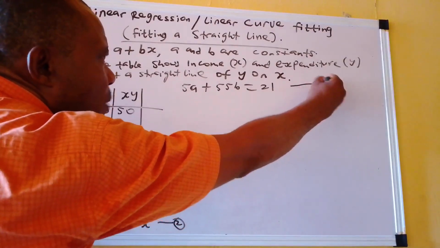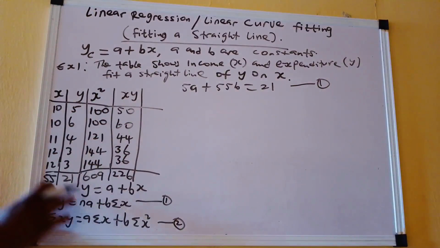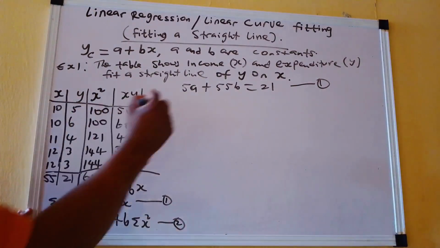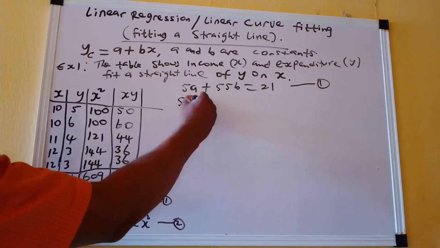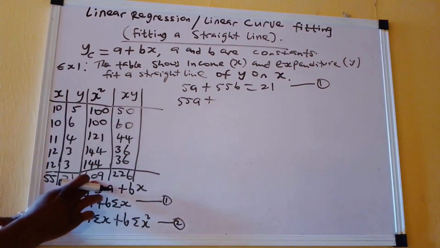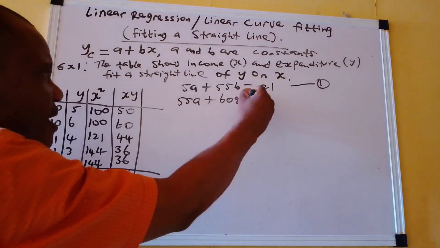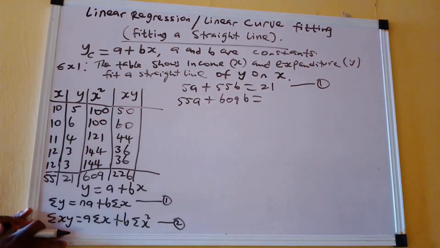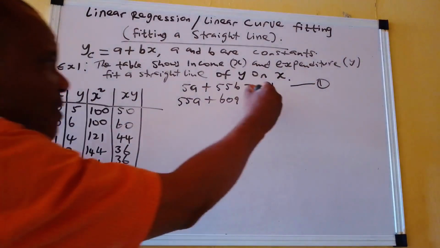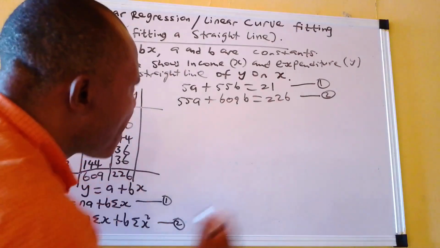You call this equation 1. Then the second one is A summation X. Our summation X is 55. So we say 55A plus B summation X squared. Summation X squared is 609, plus 609B is equal to summation XY. Our summation XY is 226. You call this equation 2.